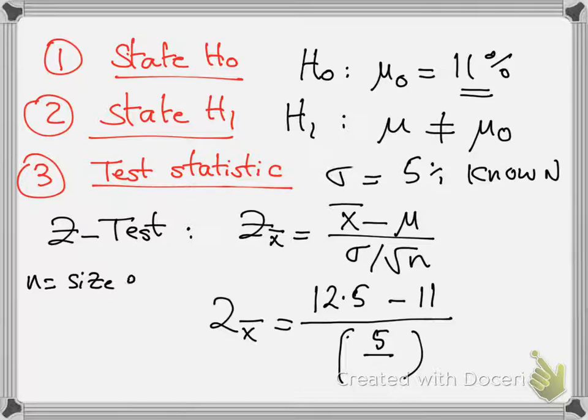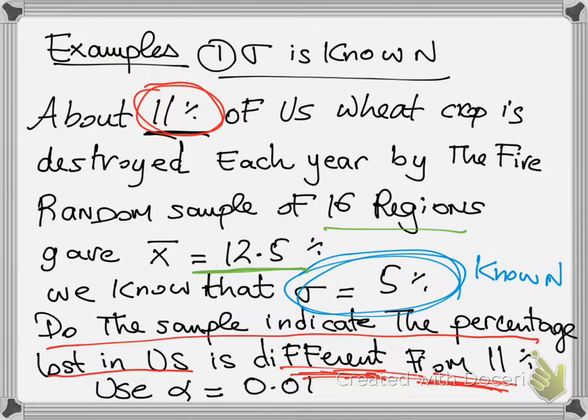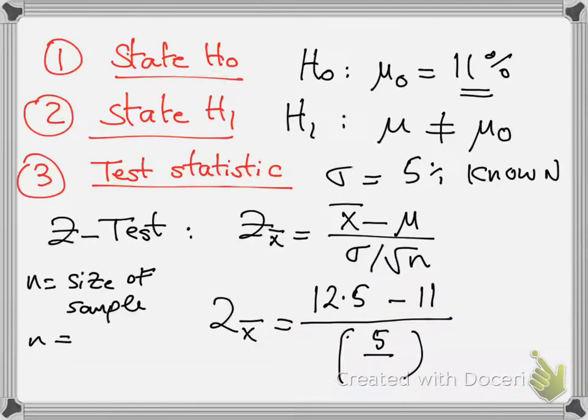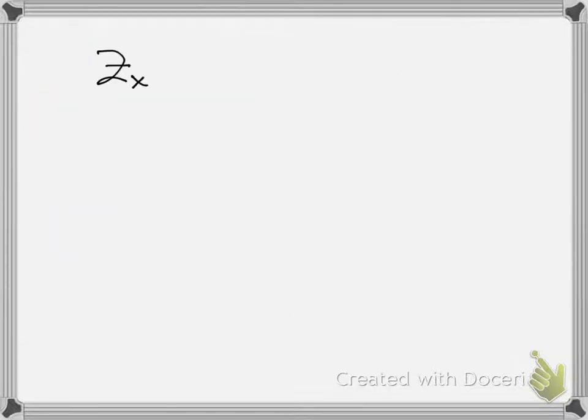We have a random sample of 16 regions, so the sample size is 16, so n is 16. So 5 over square root of 16. That will be 12.5 minus 11, that's 1.5, over 5 over square root of 16, and the square root of 16 is 4. So Z x bar is 1.5 over 5 over 4.